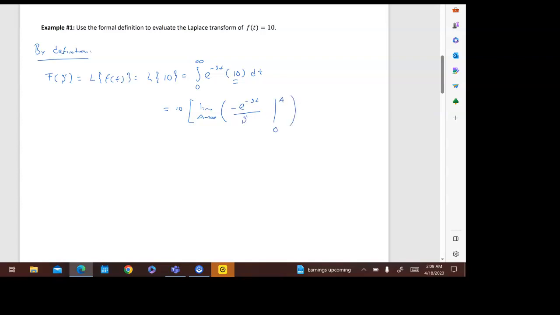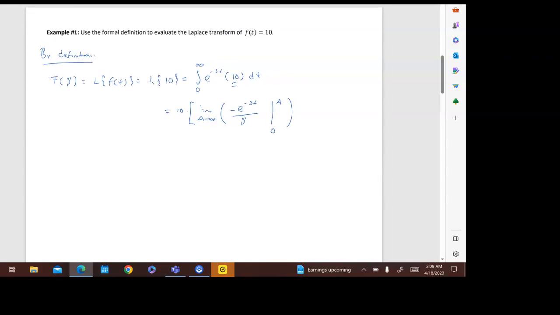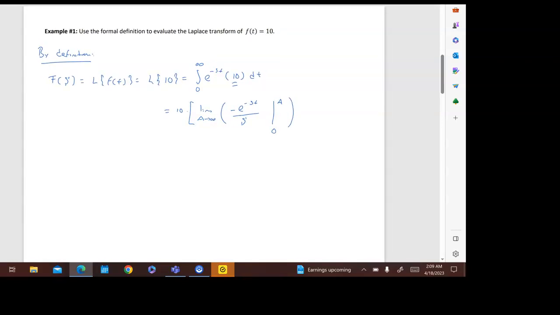So I'm applying the proper definition for a limit towards infinity, which in this case is just equal to, and as we apply the limit, this is going to be the limit as a approaches infinity of the following expression. So this is negative e to the negative st over s.